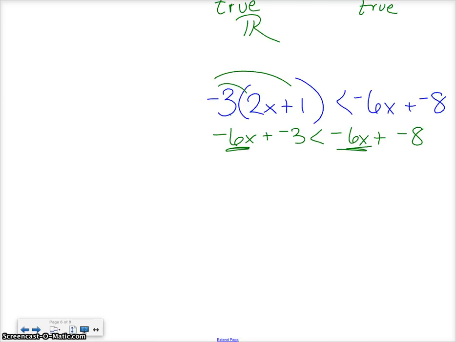Is -3 smaller than -8? No, -3 is bigger. So you would say -3 smaller than -8 is false. So no solution. So you definitely have no solutions today in your homework. I just happen to choose all of the identity or real number ones. All right, so you can use actual algebra or notice those patterns right away.